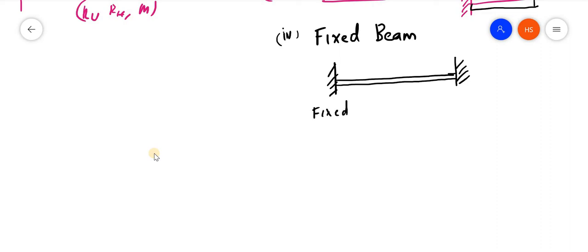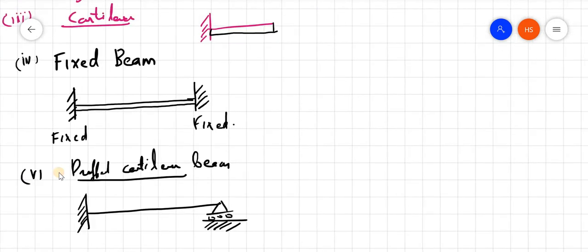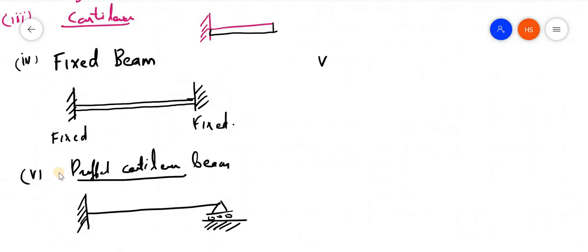Another type it is propped cantilever beam. Propped cantilever beam means one side it will be fixed and other side, other joint can be a roller or a hinge. Okay. And the next type, the sixth one it is a continuous beam.